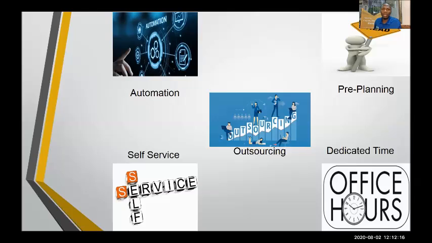Maybe it's on a weekly basis, maybe it's on a monthly basis, maybe it's quarterly, right? But what you want to do is set up some time with those owners so that you can have questions for them, let them have questions for you, so you can have a discussion about your portfolio.